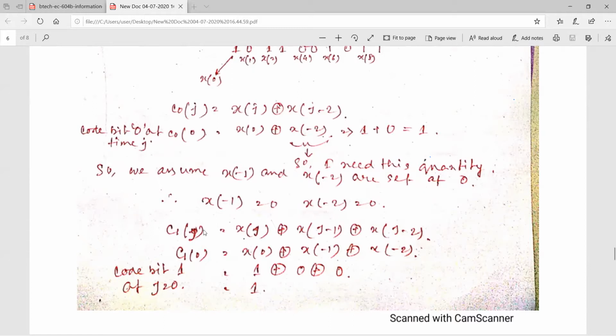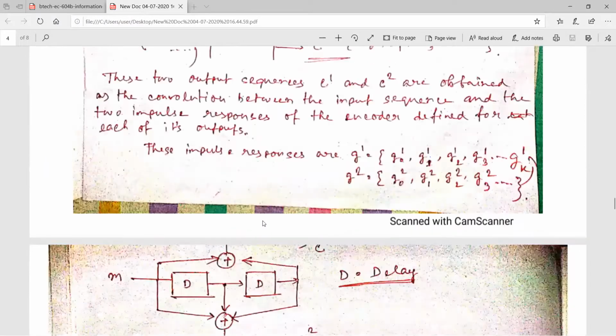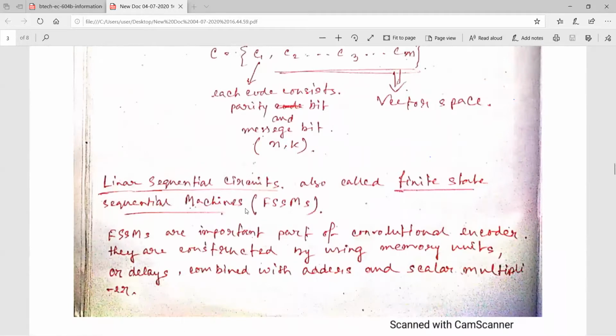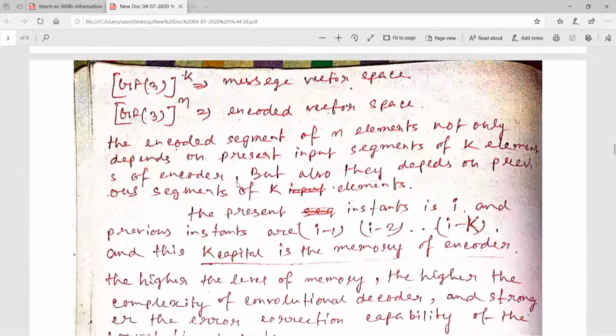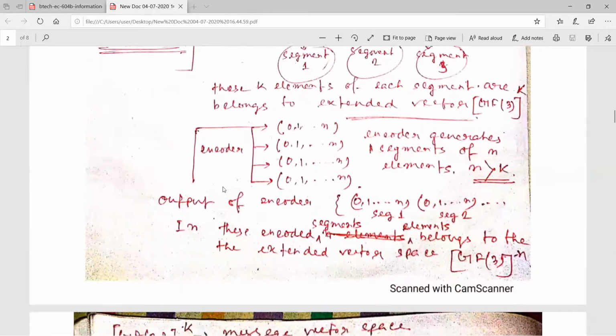So here, x of minus 1, this encoder consists of an FSSM, a finite state sequential machine. Finite state sequential machines, FSSMs, are an important part of the convolutional encoder. That means this encoder consists of FSSMs.